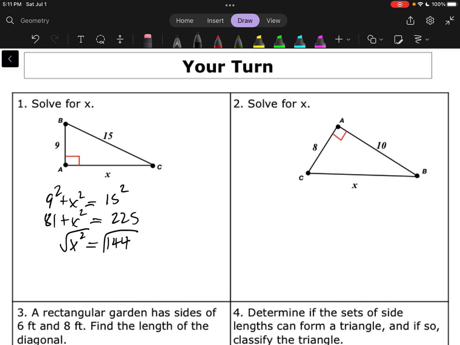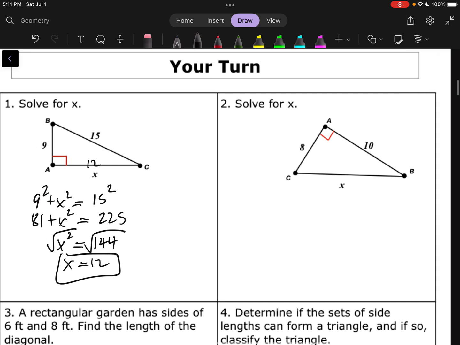And the square root of that was 12. That was a little 3, 4, 5 right triangle right there. 8, 10, and x, that should have been 8 squared plus 10 squared equals x squared.